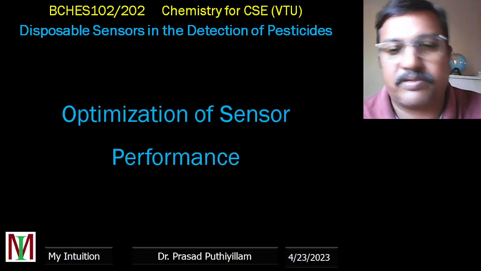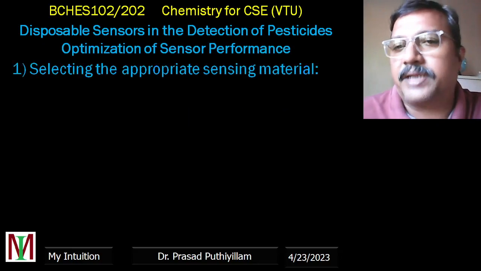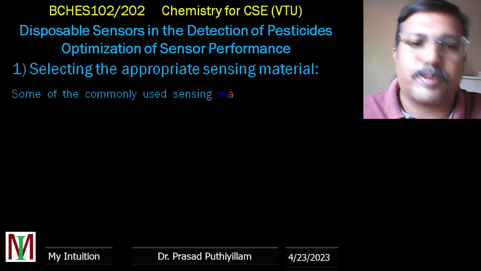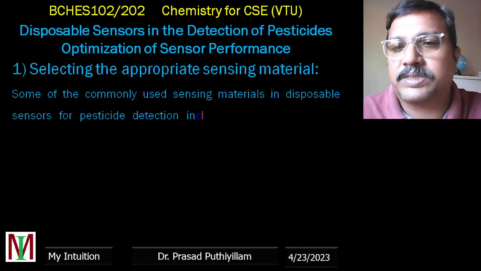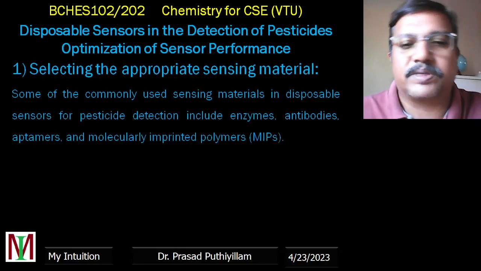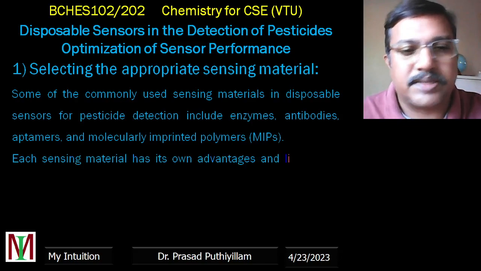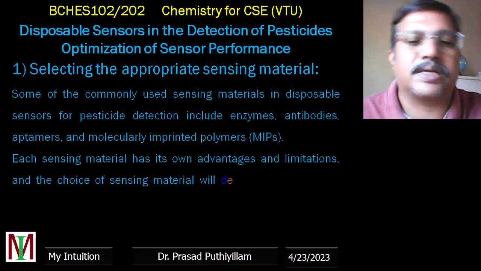Now, optimization of sensor performance. Selecting the appropriate sensing material is very important. Some of the commonly used sensing materials include enzymes, antibodies, aptamers, molecularly imprinted polymers, just as we discussed. Each sensing material has its own advantages and limitations.